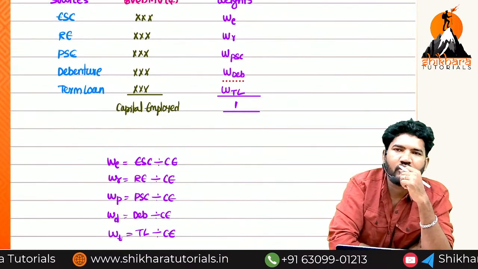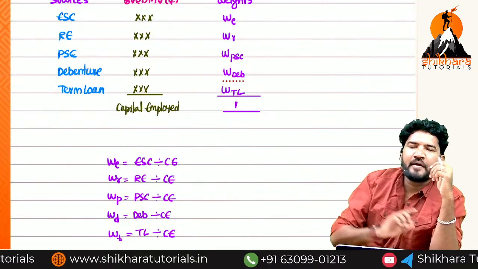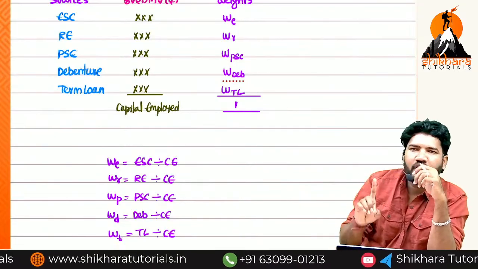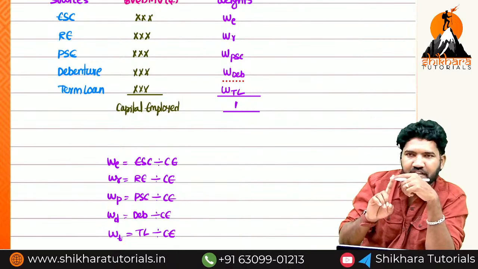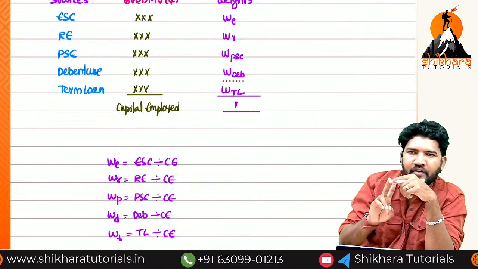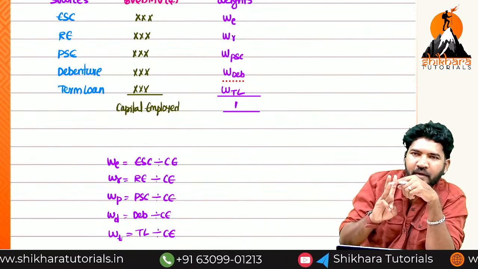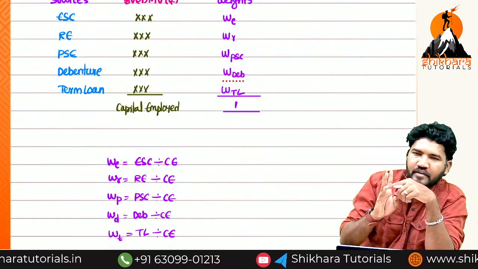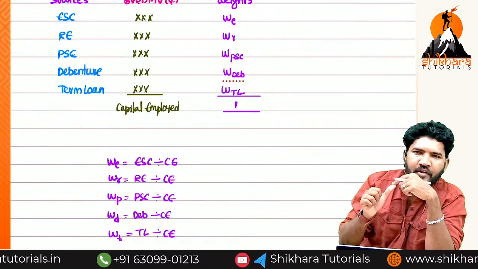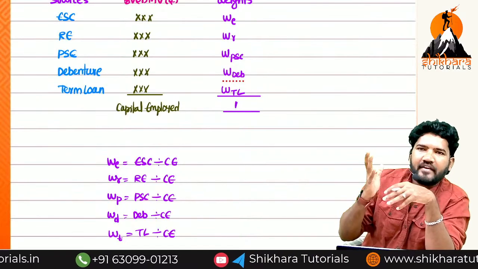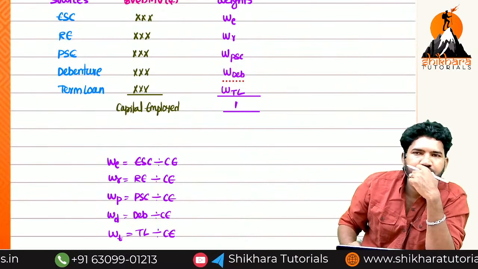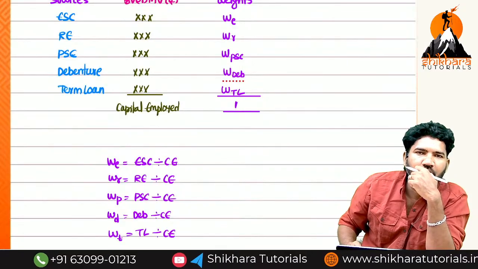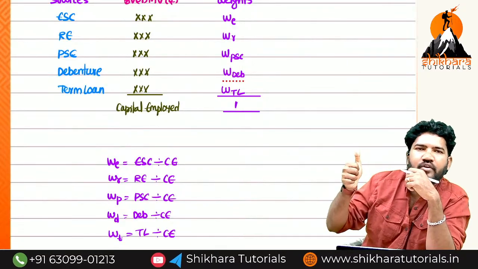Clear na? You have to apply common sense. If I procure 1 rupee, out of that 1 rupee, 0.2 comes from equity share capital, 0.2 from retained earnings, 0.2 from preference shares, 0.2 from debenture, 0.2 from term loan. It will vary based upon the amount, but ultimately it is equivalent to 1 rupee.